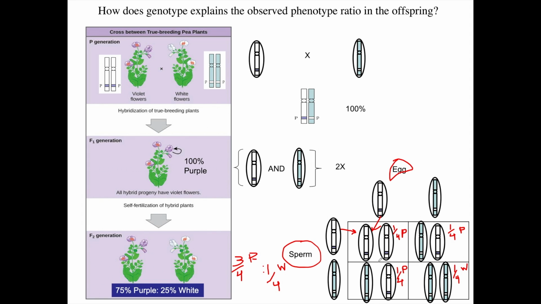Now let's look at what is the genotypic ratio. Okay, let's look at the genotypes in this case. So we have big P, big P in the first one. We have big P, little p here, and a big P, little p here. So we have 2 of them.